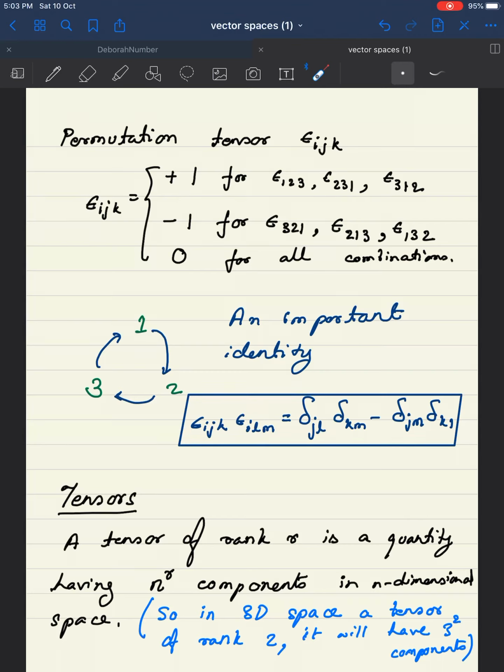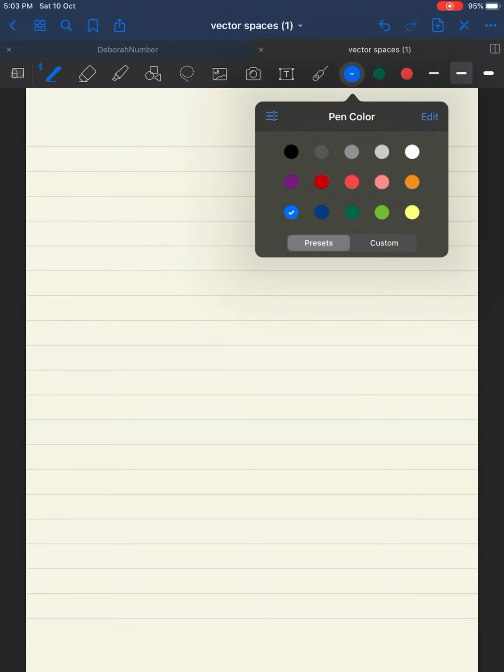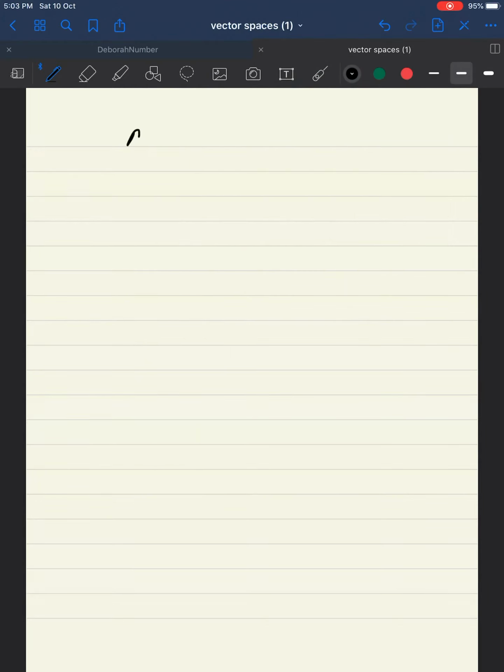So, a tensor of rank 2 is also sometimes called a dyad, that is, it can be written as A i j. So, tensors with 2 indices, of rank 2, can be written as A i j for us, right.